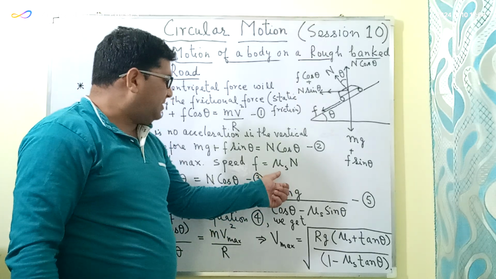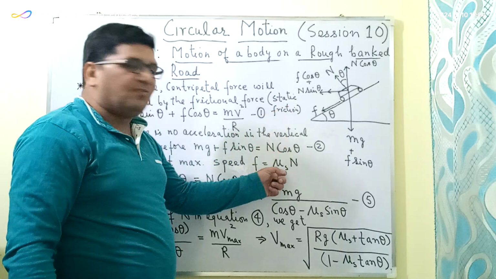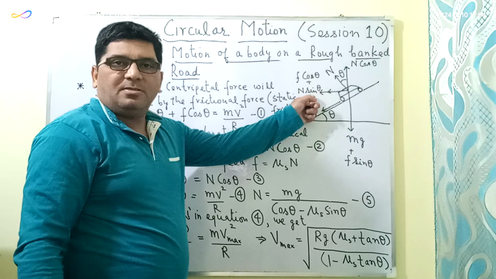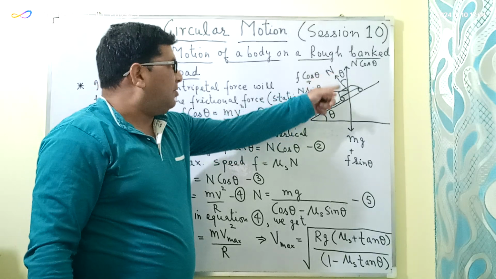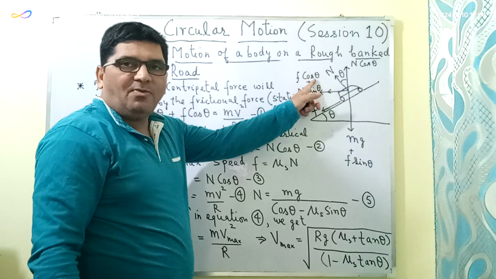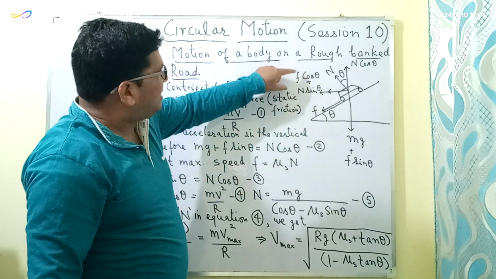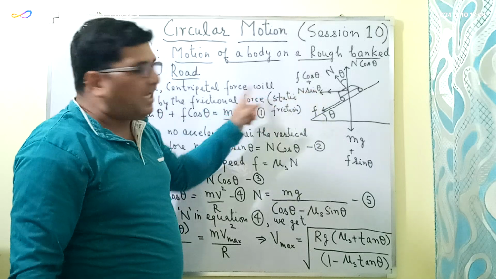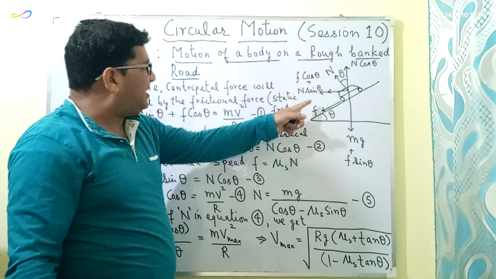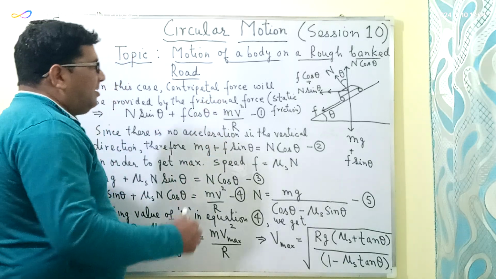The most important thing to remember is that it is the static friction which will be providing the necessary centripetal force along with the component of the normal reaction. Both f cos theta and N sin theta act towards the center of this circular path and provide the necessary centripetal force.